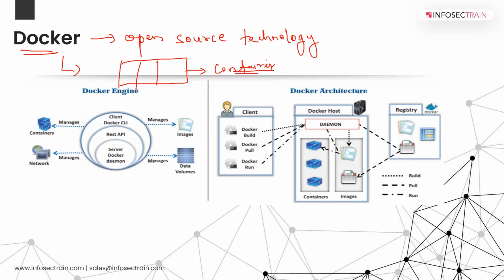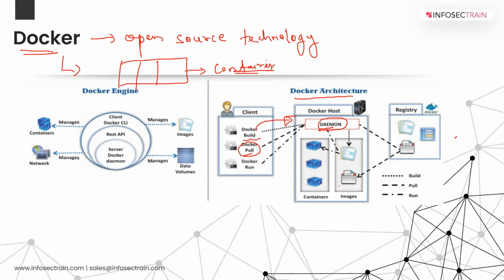Okay, so when you look at this particular Docker architecture, you can see this is your Docker host, which is your daemon. It will have some containers, and each container will have different images. This is your client, and at the right side you have your Docker registry. Now we have three features: build, pull, and run. When you want to pull some image from your Docker host, you will be using the pull command. When you want to build some image around your Docker host, we will be using build.